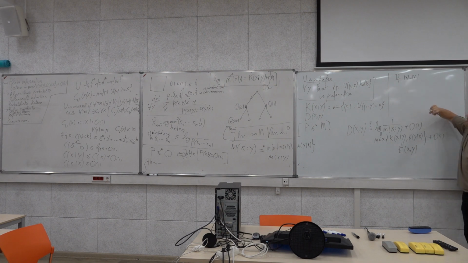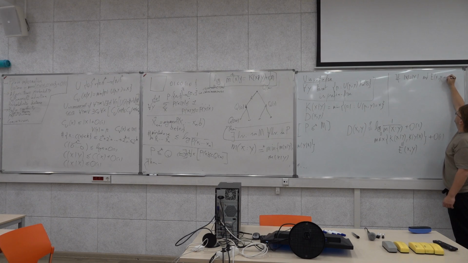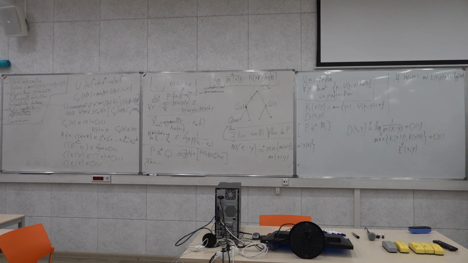If x equals y, and E is at least a logarithm, so 1.01 log xy. Is it the constant you used in the proof, or is it just a random constant? No, of course it's important that it's not less. Well, there is some formula in the proof, but I don't want to write this formula.